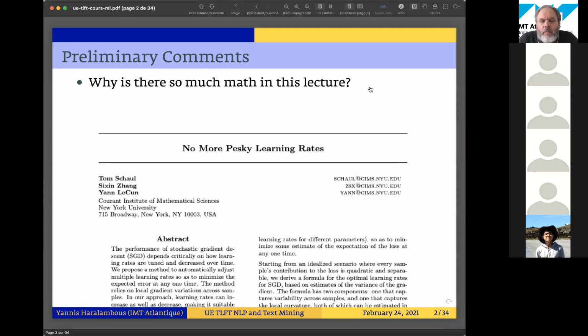So some of you may wonder why there is so much mathematics in this lecture. We are going to deal with machine learning algorithms and in particular with tools such as neural networks.